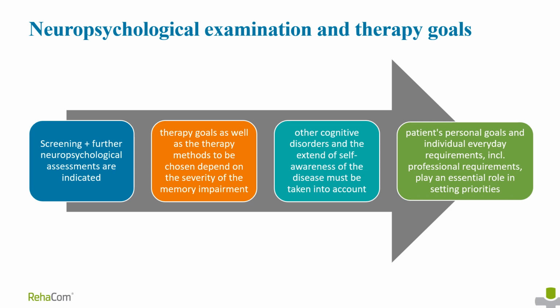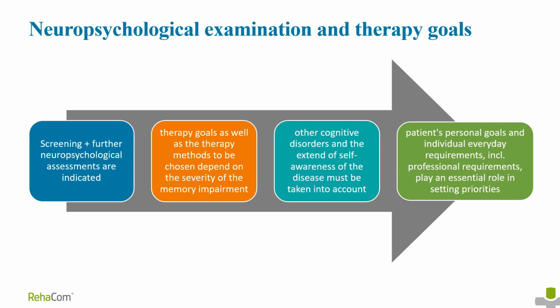especially if the patients want to return to a cognitively demanding job. Individual cognitive functions such as memory should not be targeted in isolation, but always in the context of other cognitive functions, psychological well-being and behavior. Therefore, the assessment of memory performance should be integrated into a more detailed neuropsychological examination.